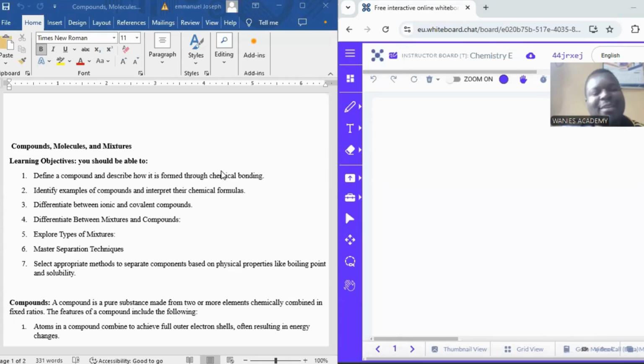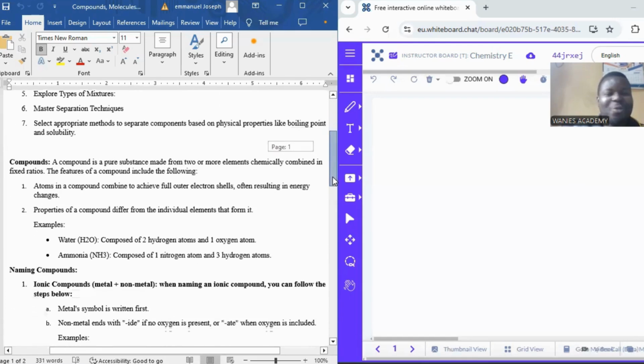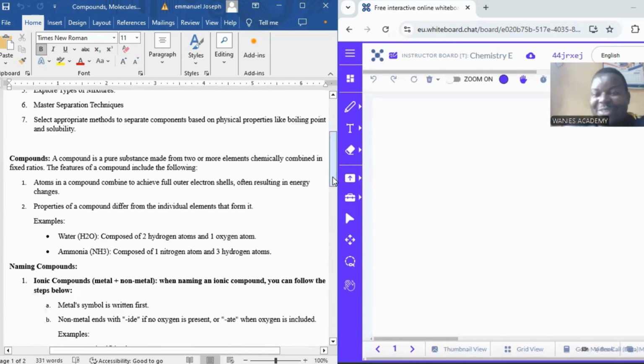We'll also be looking at some examples of compounds, differentiate between ionic and covalent compounds, differentiate between mixtures and compounds, explore the types of mixtures, master separation techniques, and then we'll also be looking at writing the formula of some chemical compounds. So follow me as we go through all these objectives together.